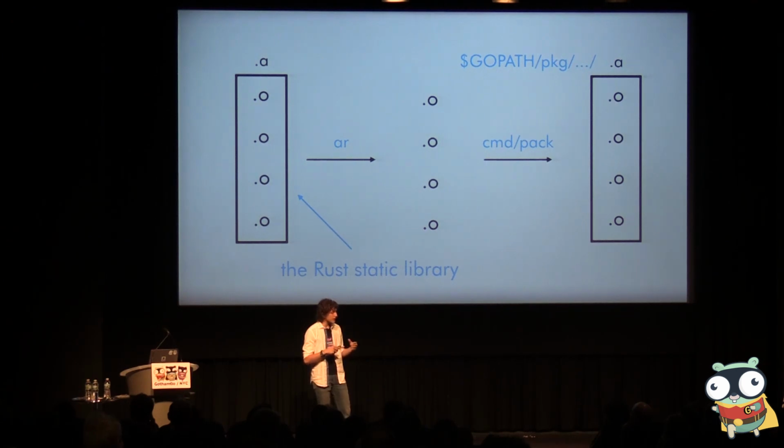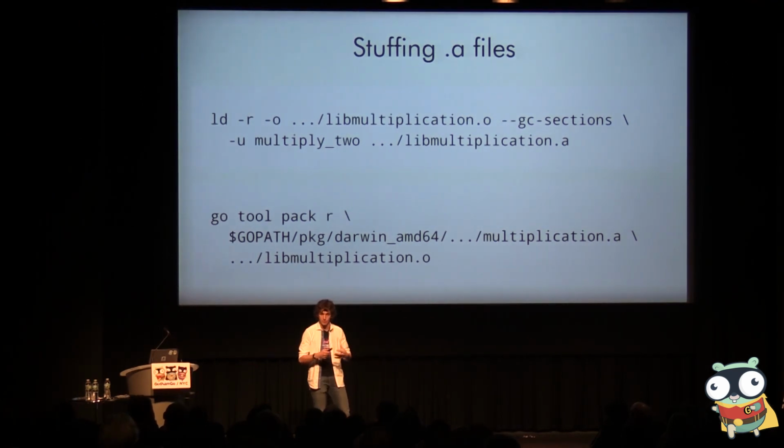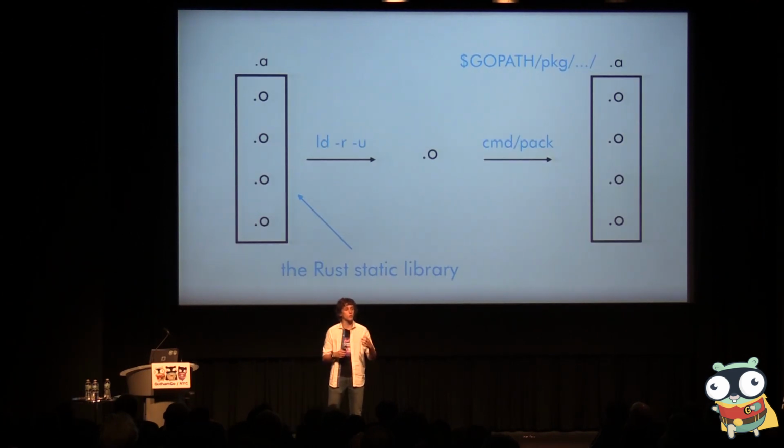So instead, what we can do is learn how the linker works and use it to generate a reusable .o file. Instead of extracting the archive, we run ld, the platform linker, and we make it generate a single .o file that is generated by starting a tree from the function we care about, multiply2, because that's what we hope to invoke eventually.